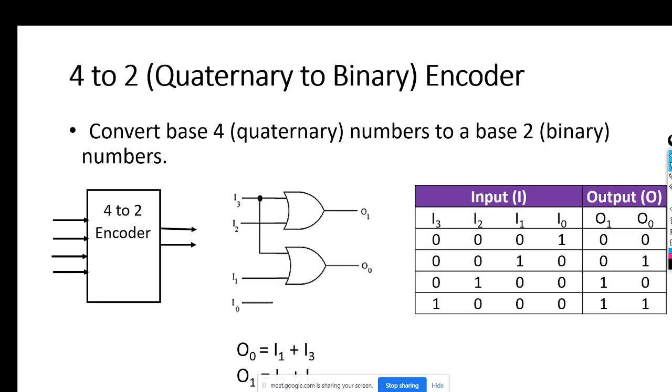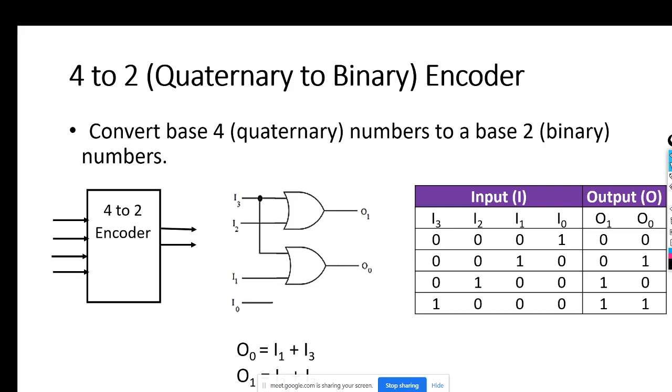Now remember, decoders are used for what? When we want to enable one of the output signals with a smaller number of input signals. So we have fewer input signals and a lot of outputs, but only one we want to enable at a time.